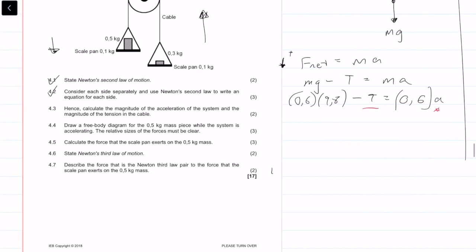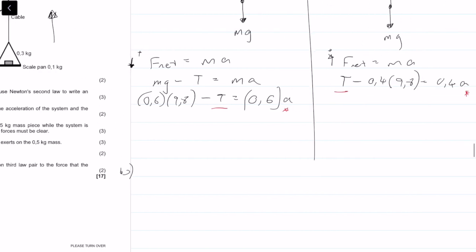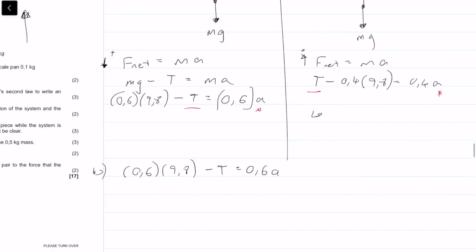So, question 4.3. Our first equation is 0.6 times 9.8 minus T is equal to 0.6a. Then the second equation in terms of T can be written as T is equal to 0.4a plus 0.4 times 9.8. Then we substitute T into there.